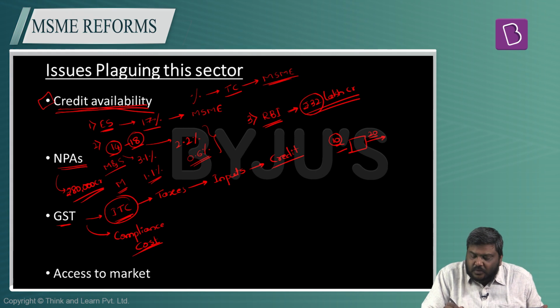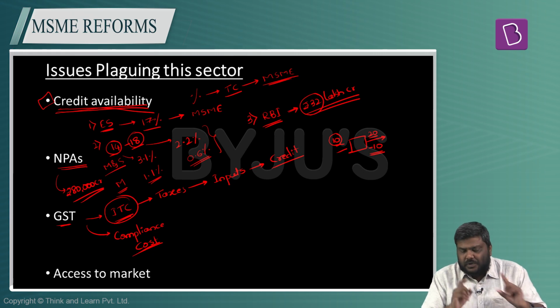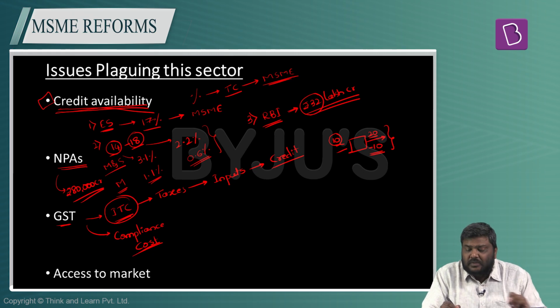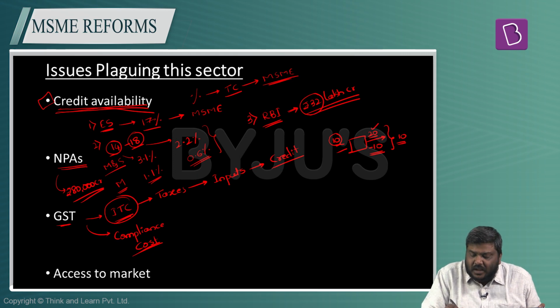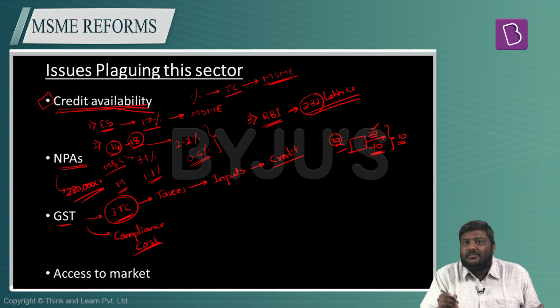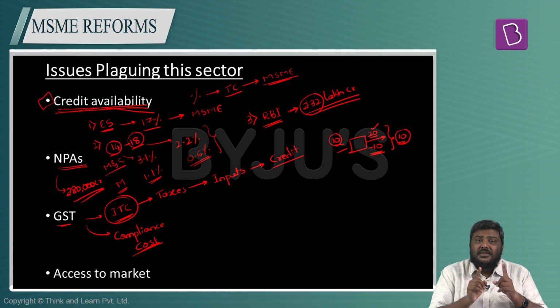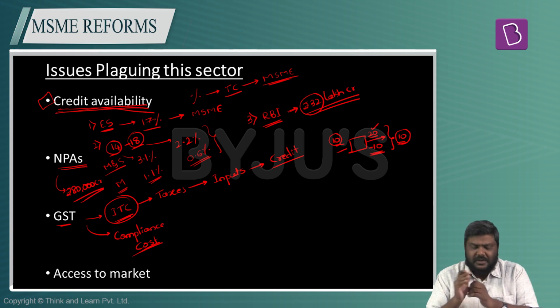So this 10 rupees will be given as a credit when I'm selling my output. So the effective GST I'm going to pay will be only 10 rupees here. That is, 20 rupees is being demanded, and 10 rupees will be the credit, that is input tax credit. Effective GST I'm going to pay will be 10 rupees. So this is called input tax credit.